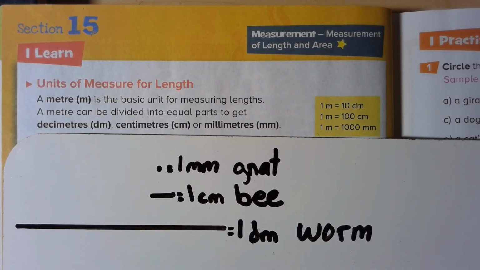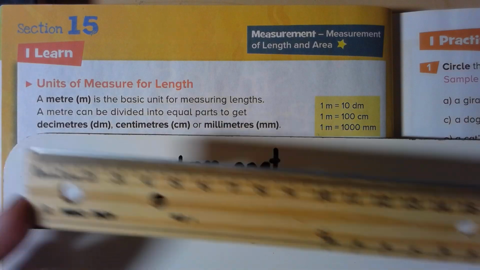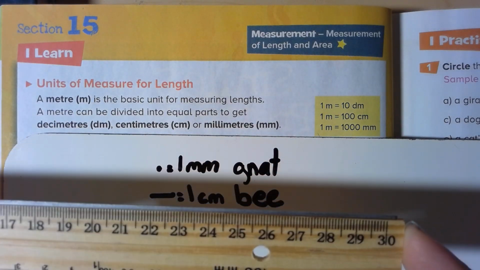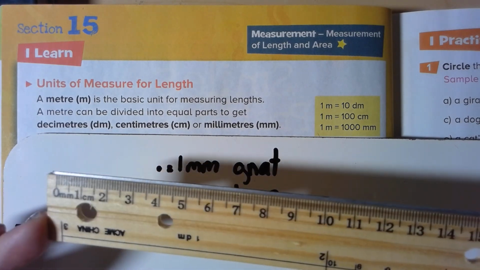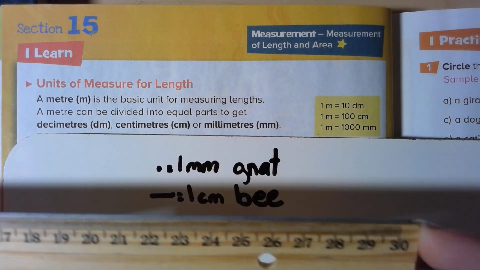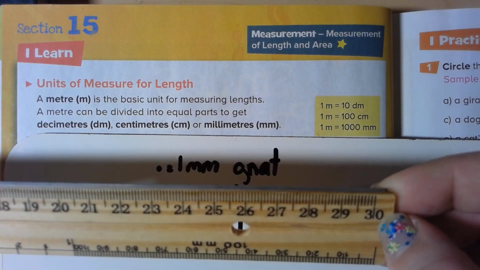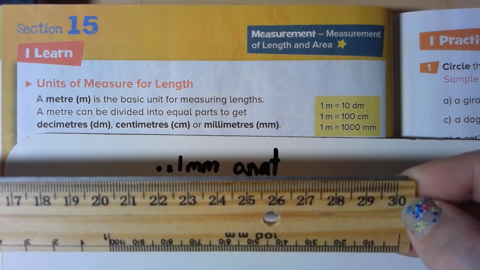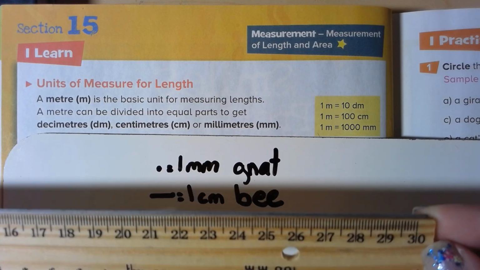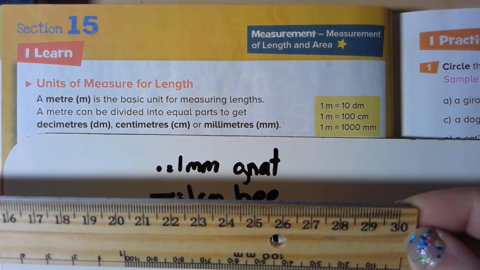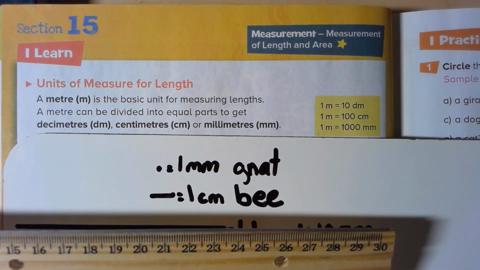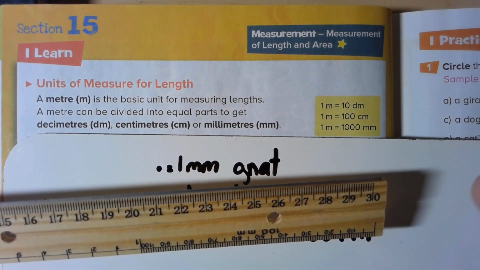Now, I cannot use a ruler and show you a meter using this camera. But a meter is 100 centimeters. 1 meter is 100 centimeters. So here's 30. So 30, 60, 90.